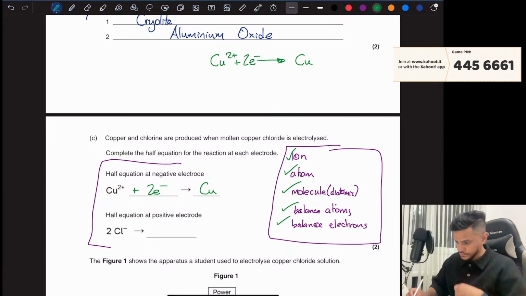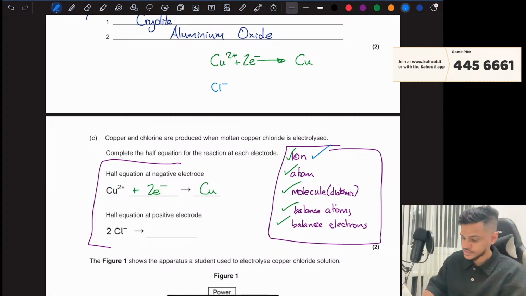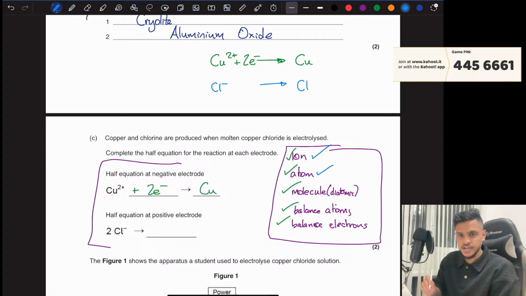All right, let's follow the same steps now for chlorine. So first step, ion, Cl-. On the right, we're going to write the atom, Cl. Is chlorine diatomic? Chlorine is diatomic. It's a halogen. Any group 7 element is diatomic. So we need to put a 2 up here to make it Cl2.